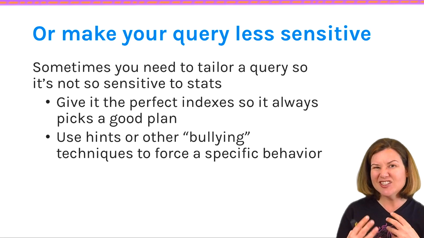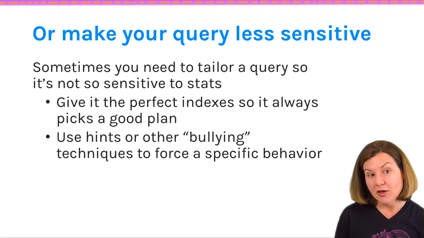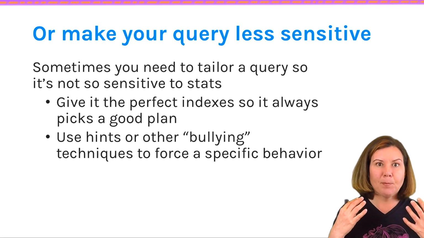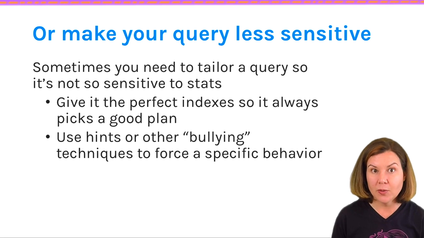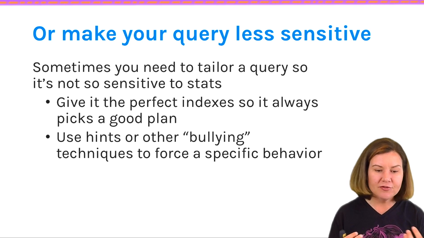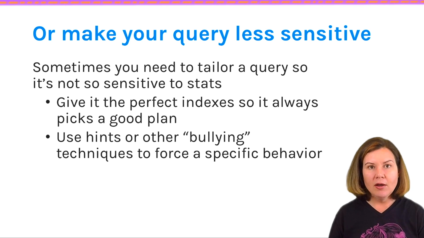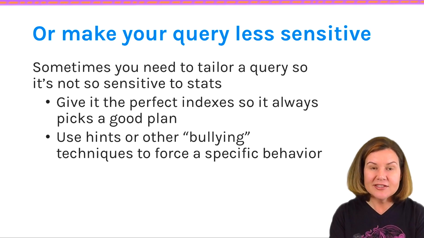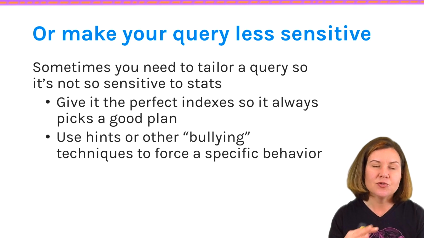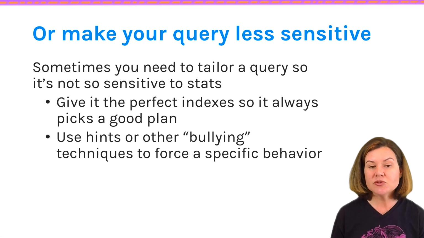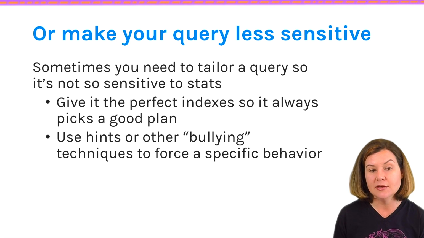Sometimes you can craft and change the indexes on the table so that there's just this obvious perfect way to run the query. No matter what parameter values are passed in, it's like, oh, duh, this is obviously the perfect index or perfect setup. So sometimes you can get a stable, high-performing plan just with index changes.